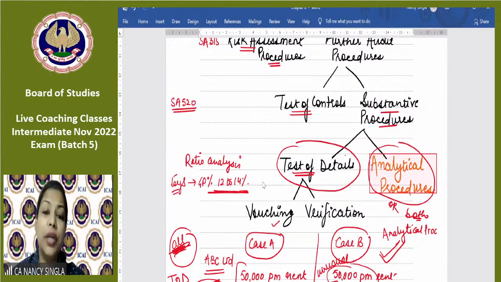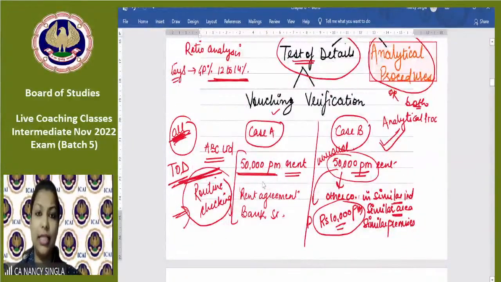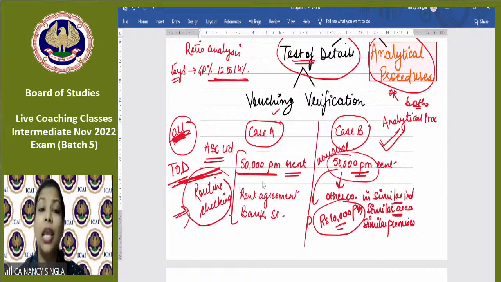See, why will an auditor, in case B, see what the other companies in the similar area are paying? He'll apply his professional judgment. If he feels that the company is paying 50,000, but according to his professional judgment, according to his understanding of the client organization, which he has obtained under SA 315, when he was identifying and assessing the risk of material misstatement through understanding the entity and its environment, the auditor might feel that I need to check it.